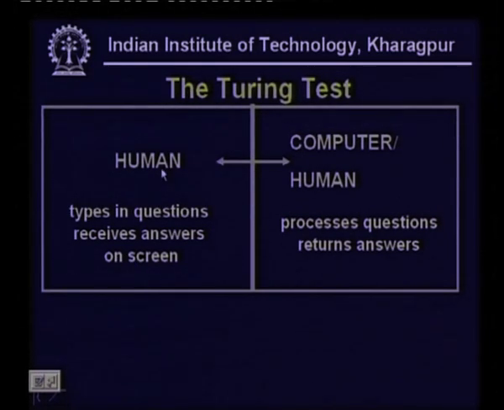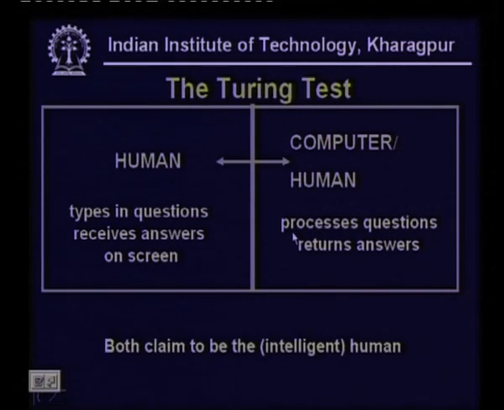Now, the interrogator has to make out from the answers whether the being inside the room is a computer or a human. If there is a computer inside the room, the computer tries to convince the interrogator that it's actually a human being in the way it answers the questions.